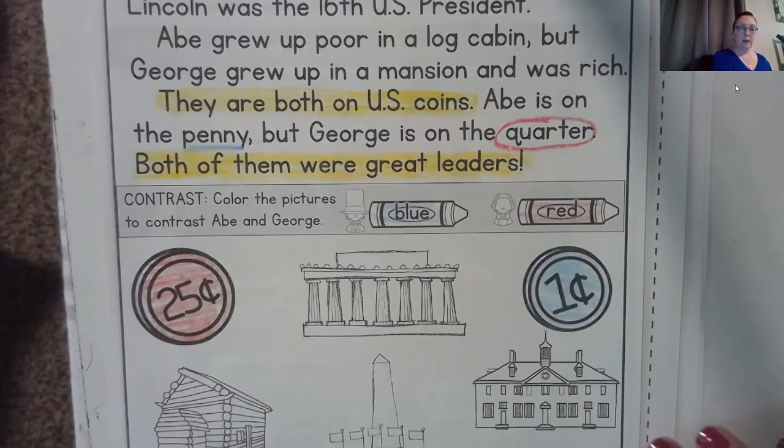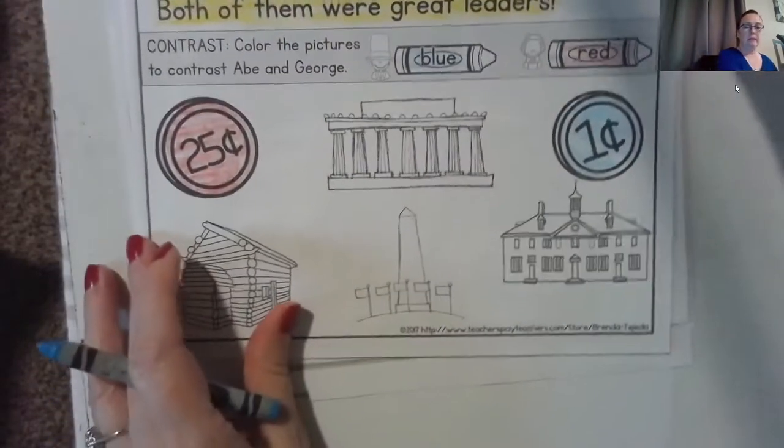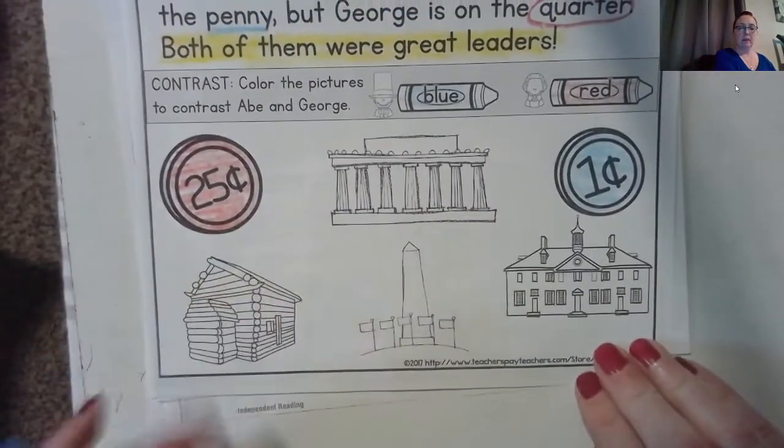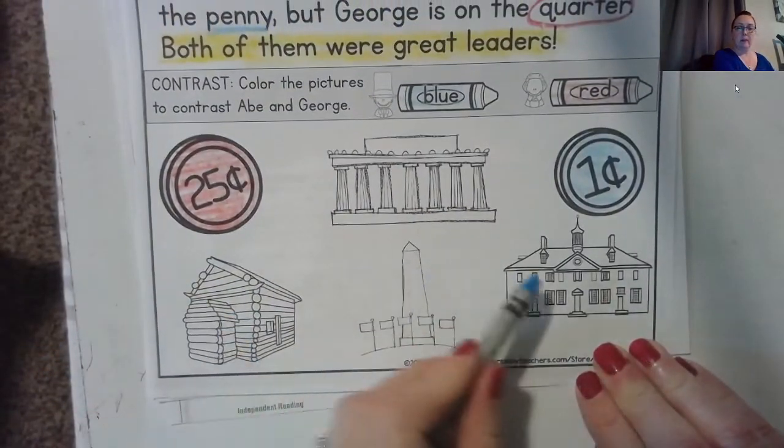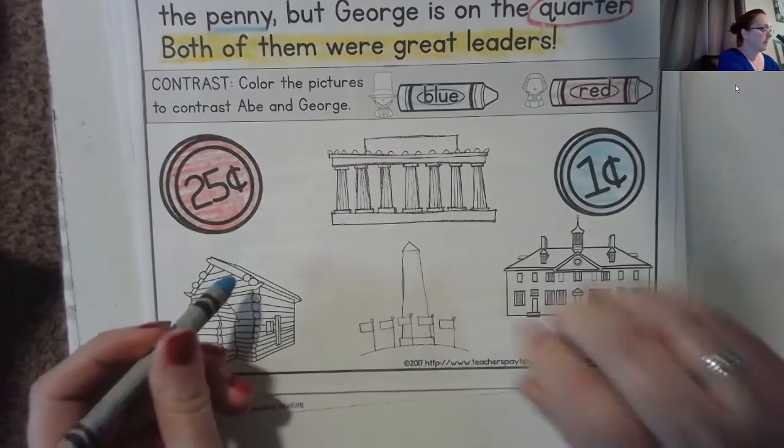Let's see, what about the next part? Let me pull this up just a little bit so you can see it. We have a log cabin and a mansion right over here. So who belongs in the log cabin? Is it Abe or George? Yep, it's old Abe.